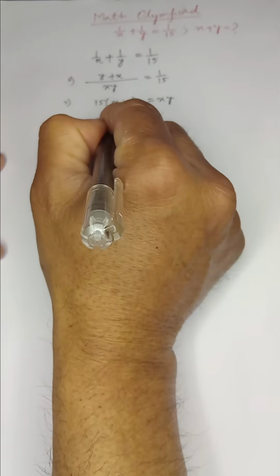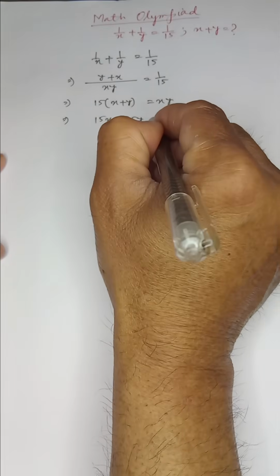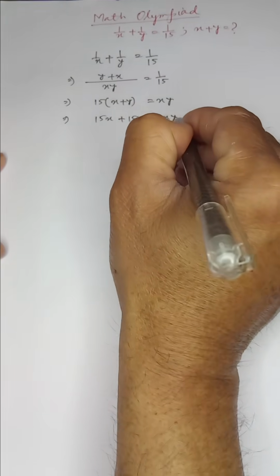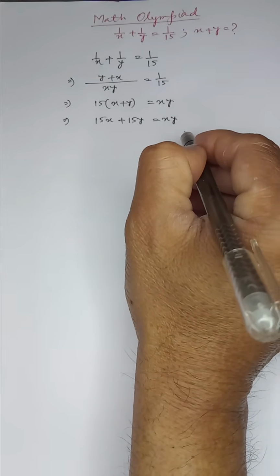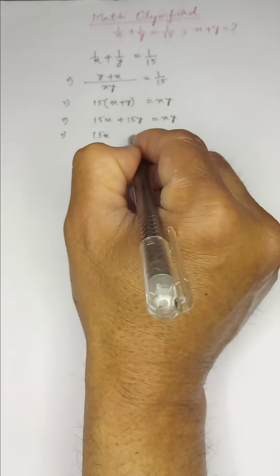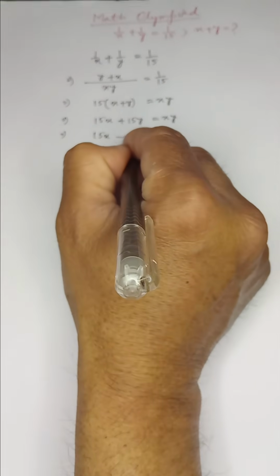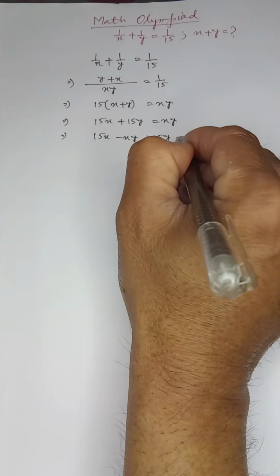or 15x plus 15y equal to xy, or 15x minus xy plus 15y equal to 0.